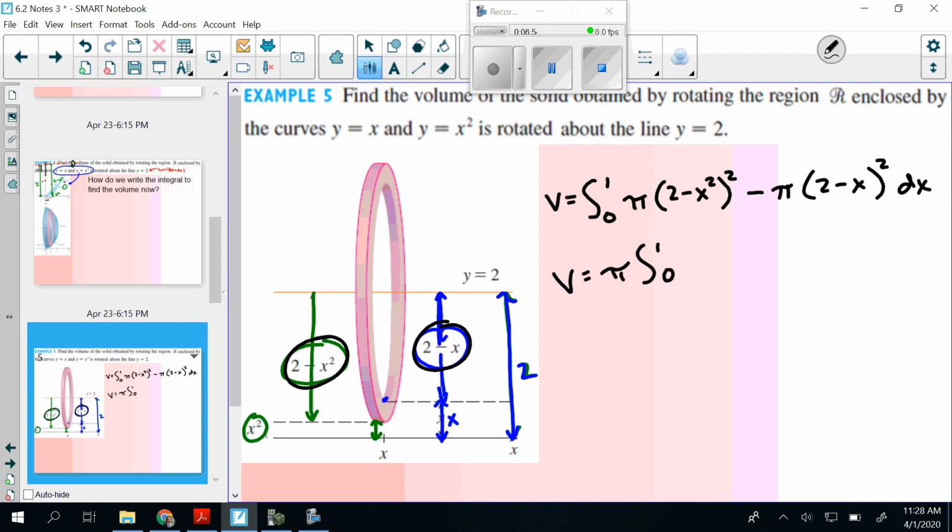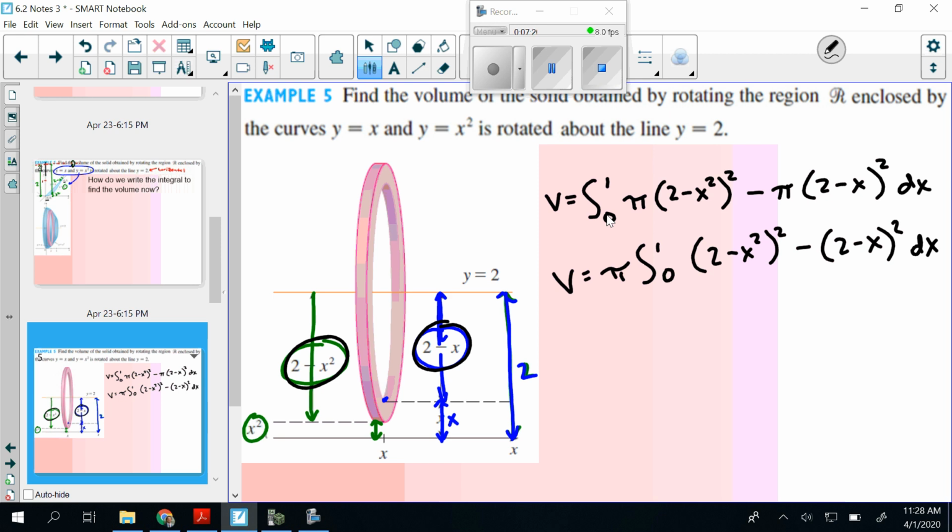So now we just have to integrate what would this be. Okay, now we've been doing these enough where you guys should be able to go through and find that on your own. Remember, if you were to do this one on your own, you would need to simplify both of those first.